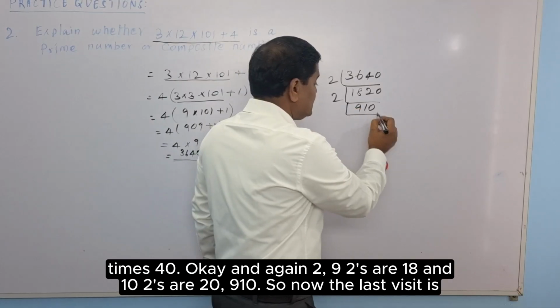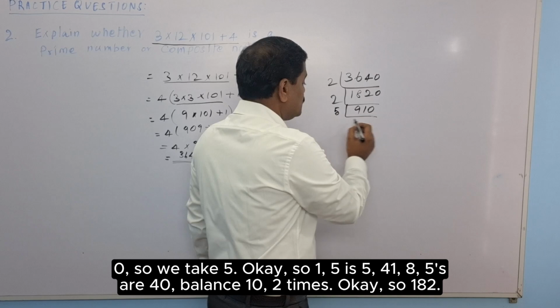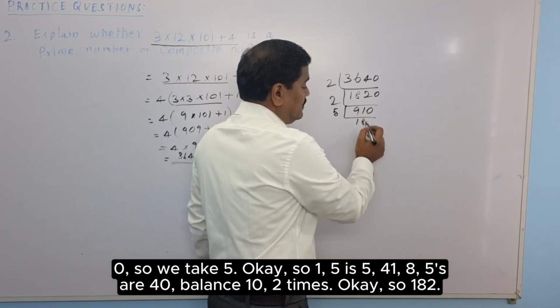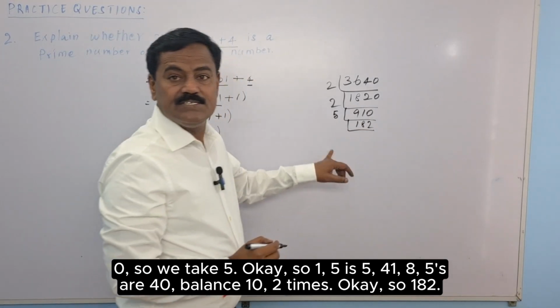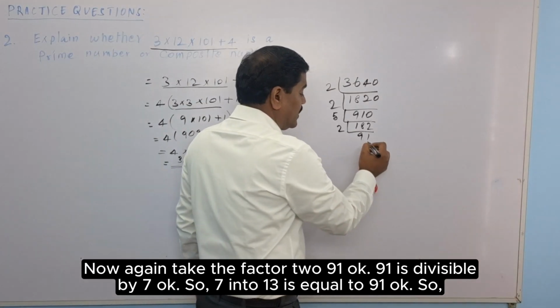Now the last digit is 0, so we take 5. 1 5 is 5, 4 1, 8 5s are 40, balance 10, 2 times. So 182. Now again take the factor 2, 91.